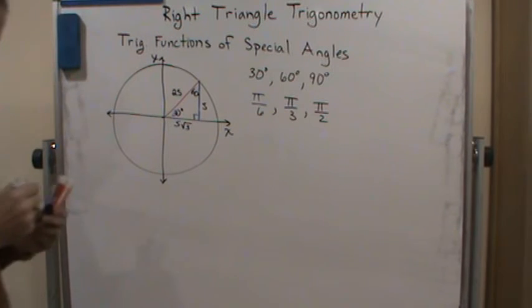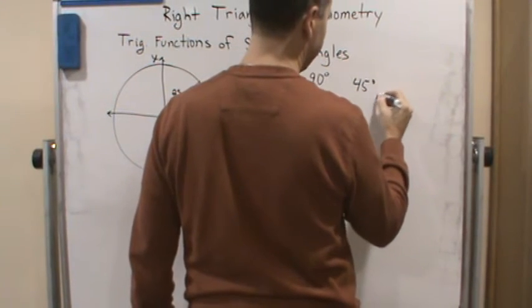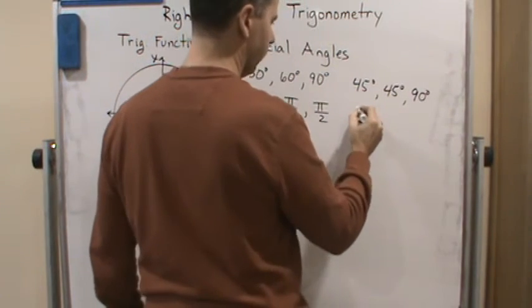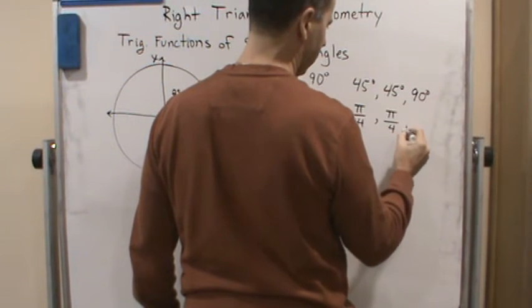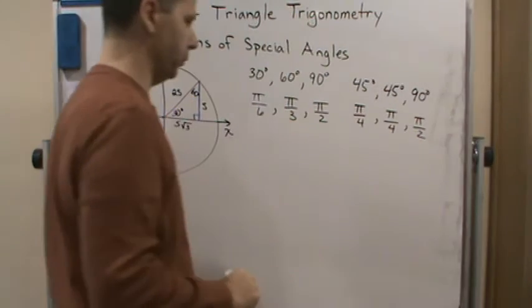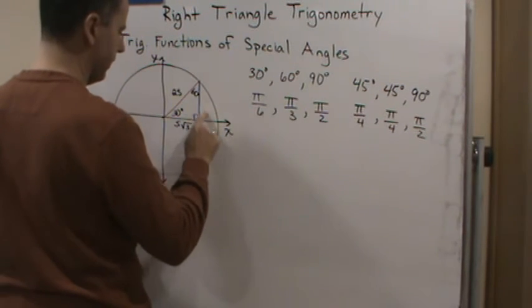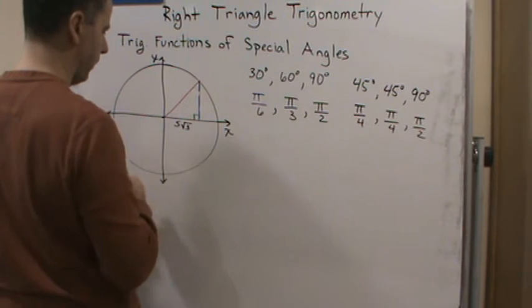Now, the other special triangle is called the 45, 45, 90 triangle, or what we call the pi over 4, pi over 4, pi over 2. So let's erase this and make it into a 45, 45, 90 triangle.